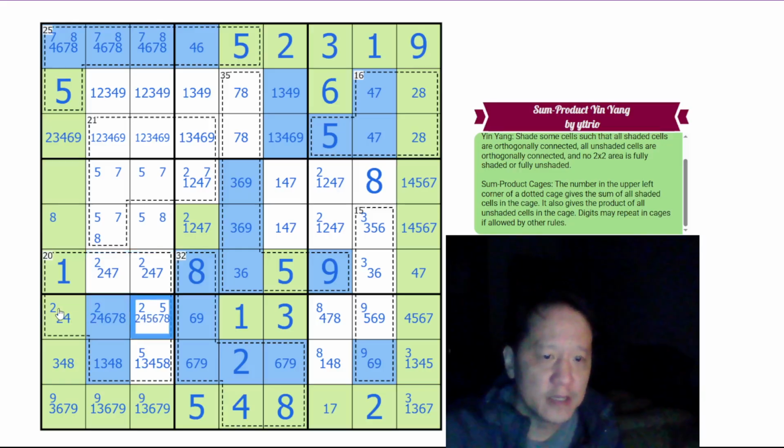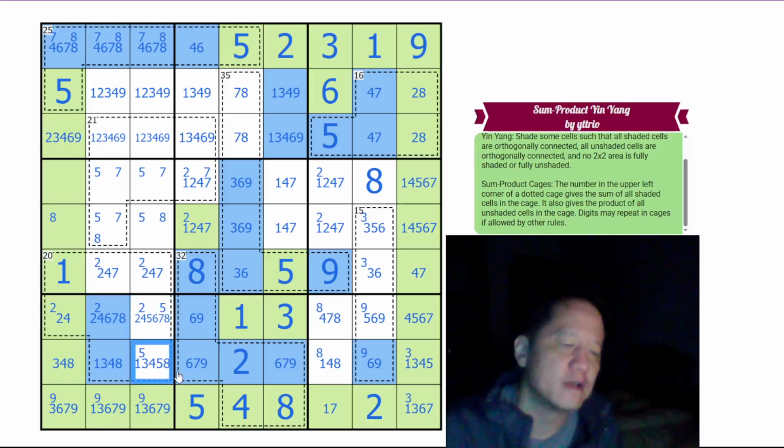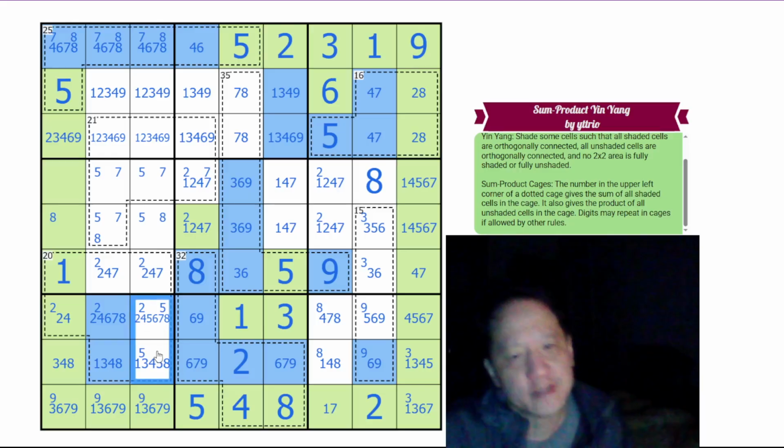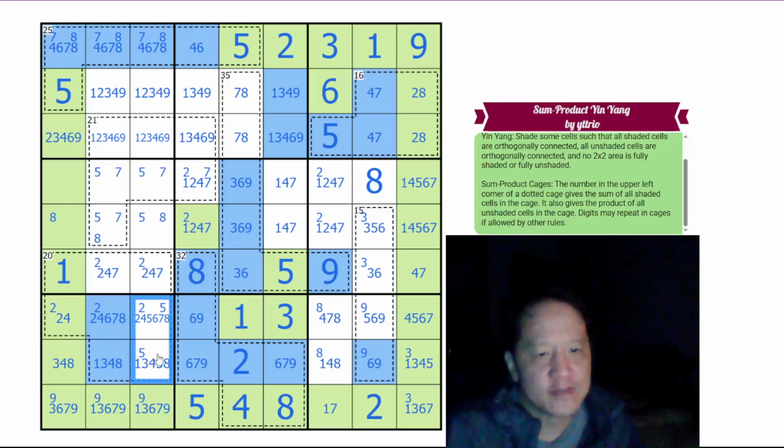So if this was 4, this would both be blue, and this would be 1 times 4 times 5 multiplying to 20. I guess you could have a 1. Ooh, okay, you could have a 1 there. That doesn't give us. We do know one of these two must be green, though. I guess they both could be green.